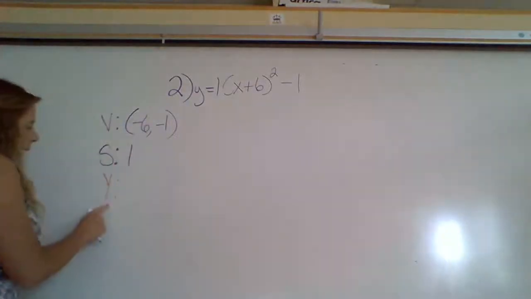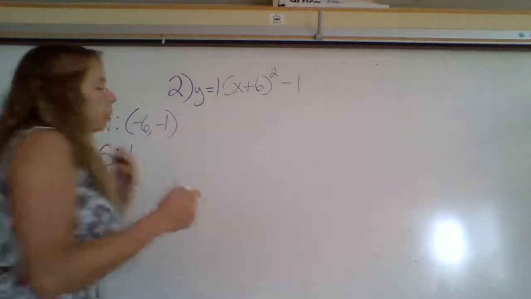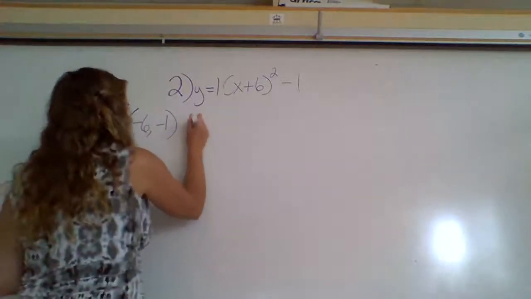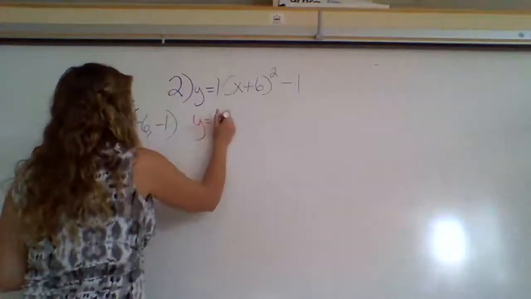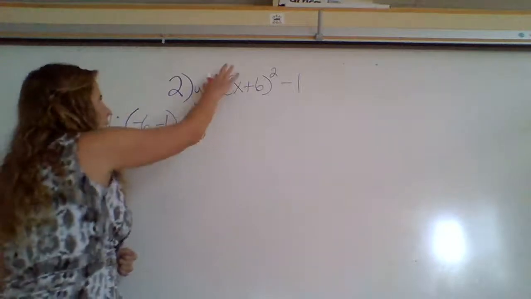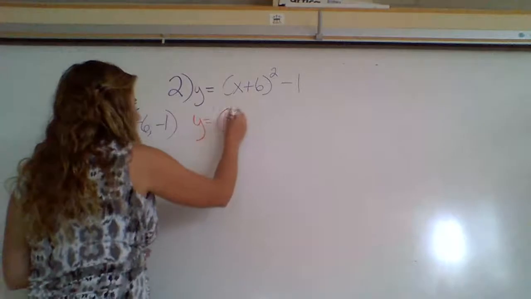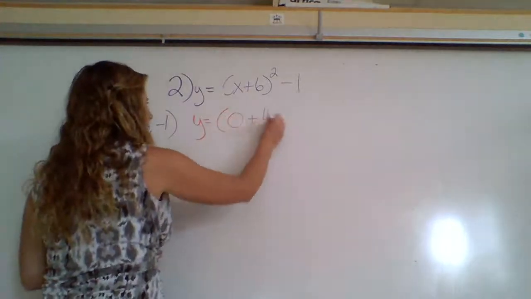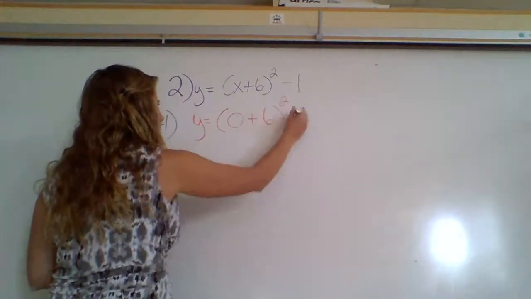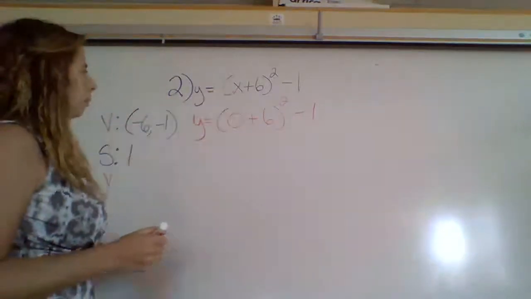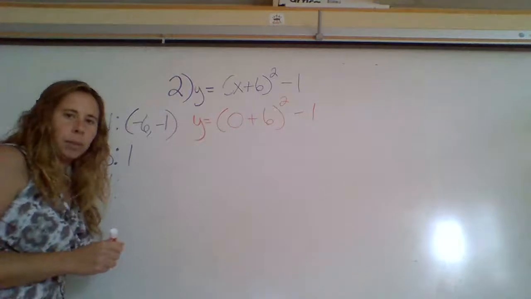Okay, you're trying to find the y-intercept, so you're going to substitute 0 in for x. We don't need to write the 1. It doesn't do anything. That's just what our stretch is. 0 plus 6 squared minus 1. All I did was substitute 0 in for x. We still good?